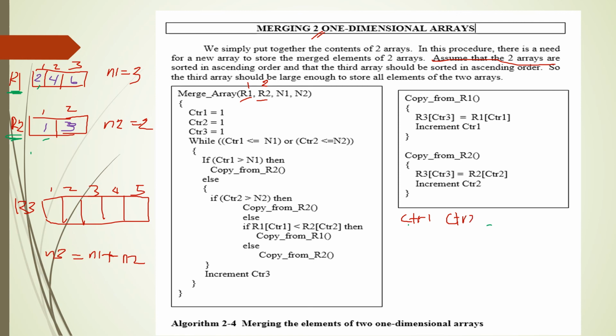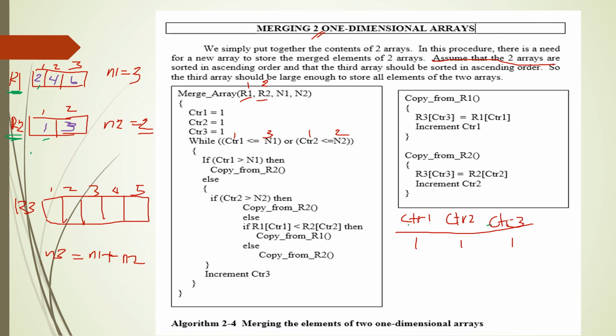CTR1, CTR2, CTR3. So, counter 1, 2, 3. Pare-pareha sila. Okay? Sabi niya, counter 1 is 1. And 1 is the size. So, 3. So, given natin ha. Counter 2 is 1. Size of, or the value of N2 is 2.